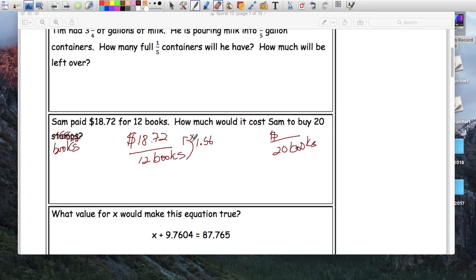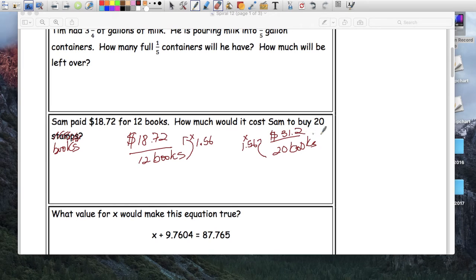So 12 times 1.56 is 18.72, and vice versa. 18.72 divided by 1.56 gives you 12. So here, all I gotta do is take this and multiply it by 1.56, and that will give us $31.20.